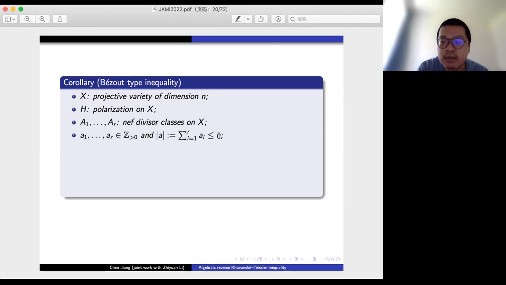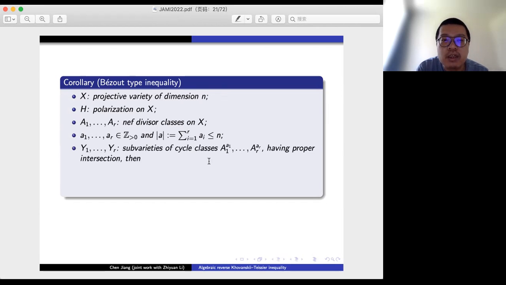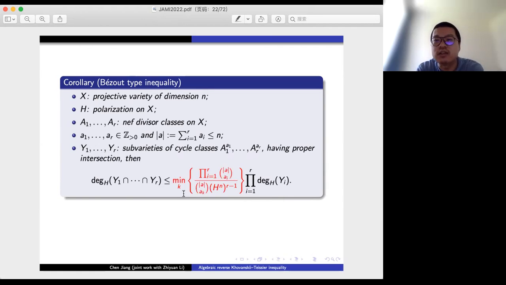Then we choose some subvarieties in the self-intersection of the nef classes, and we assume that they intersect properly. Then we can estimate an upper bound of the intersections of these subvarieties.